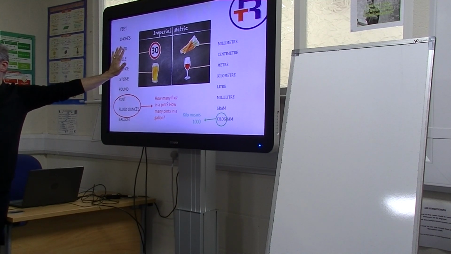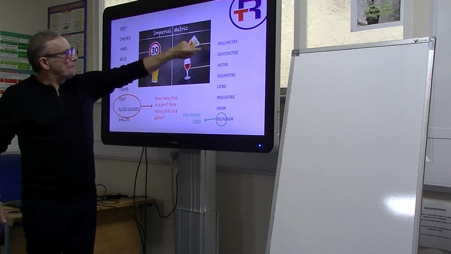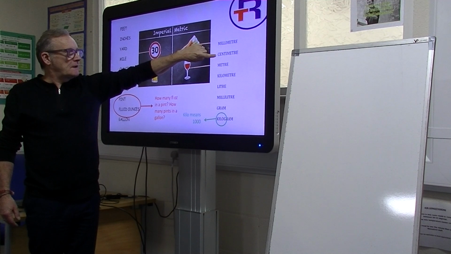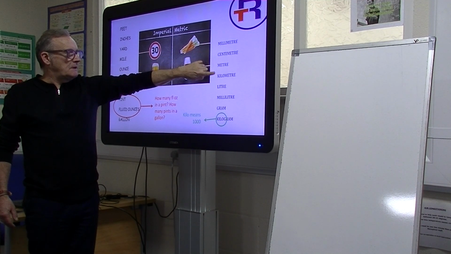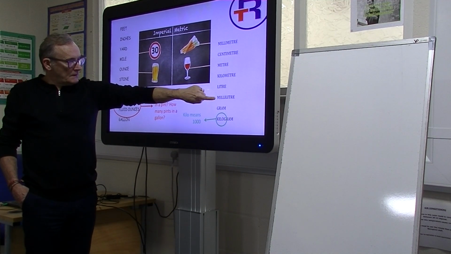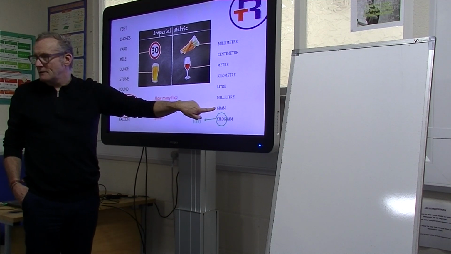Difficult to work with. On this side, we've got the metric system. Millimetres, 10 millimetres in 1 centimetre, 100 centimetres in 1 metre, 1,000 metres in 1 kilometre. A litre is made up of 1,000 millilitres. A kilogram is made up of 1,000 grams.